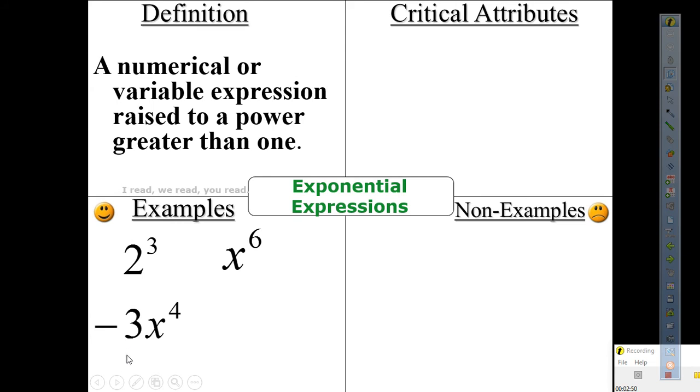However, I cannot just call it a numerical expression because it has a what? A variable. Therefore, this is a variable expression raised to a power greater than 1. And the last example, x squared y cubed, variable expression, power greater than 1. Everybody see that? Copy that, please.